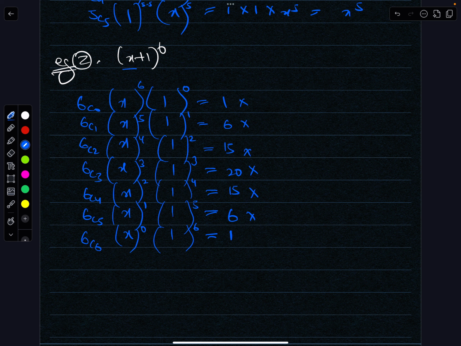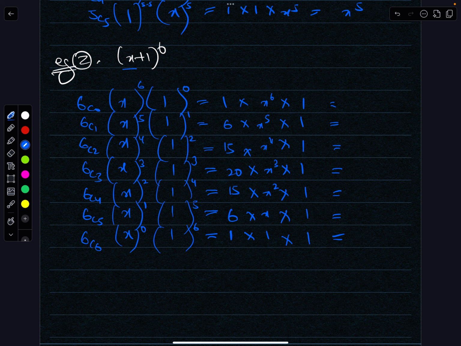Multiply signs, another multiply sign, equals signs. So it's like an established system. If you follow it, you will hardly make any mistakes. x^6, x^5, x^4, x cubed, x squared, x. And here I have 1, 1. 1 to any power remains 1.